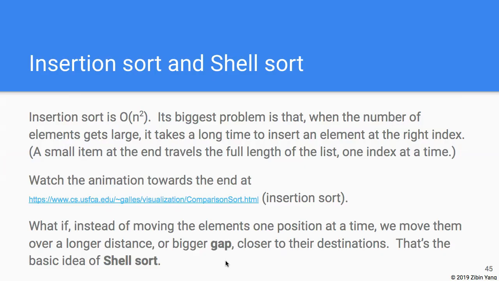So that's the problem. Now, what if instead of moving the element just a single position at a time, we can move them over a longer distance or over a bigger gap closer to the destination every time. So that's the basic idea of shell sort.